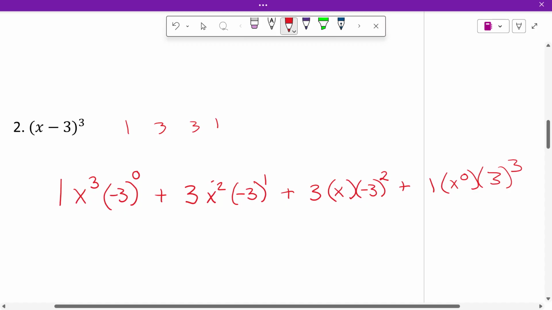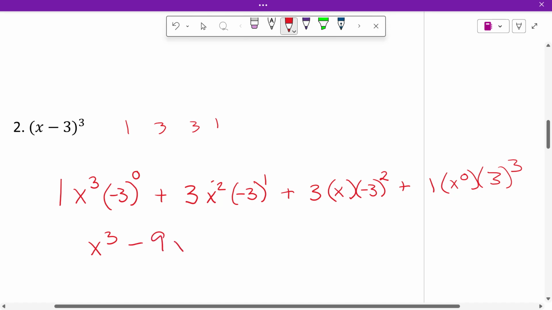What's anything to the 0 power? 1. So 1 times 1 times x to the third is just x to the third. Here's where the negatives come in. Negative 3 to the first is negative 3. What's negative 3 times a positive 3?